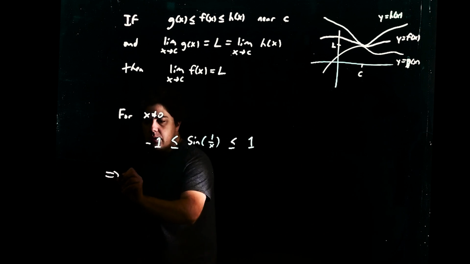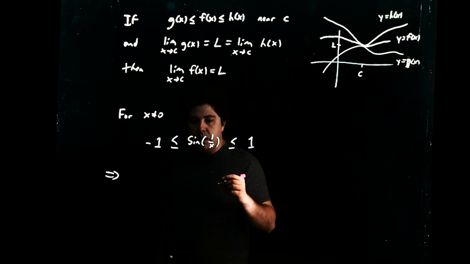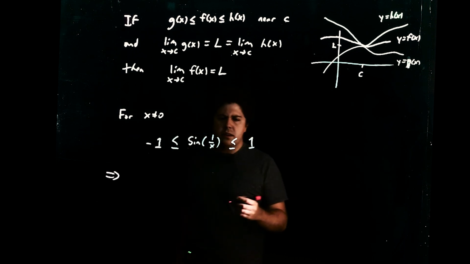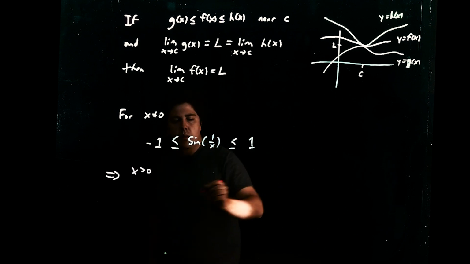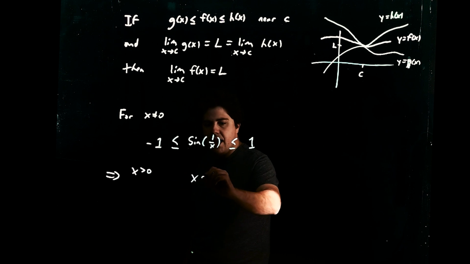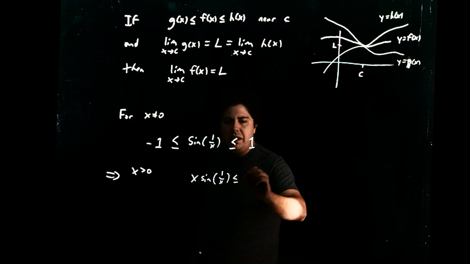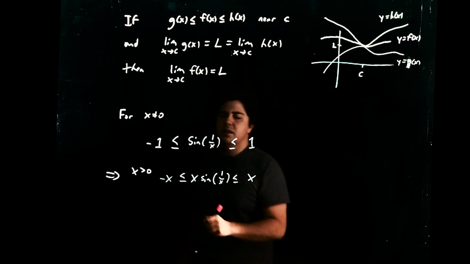But what that means is we can multiply these inequalities by absolute x. So now unfortunately we have to break this into two pieces. For x greater than 0, we have that x sine of 1 over x is going to be less than or equal to x, and greater than or equal to minus x.